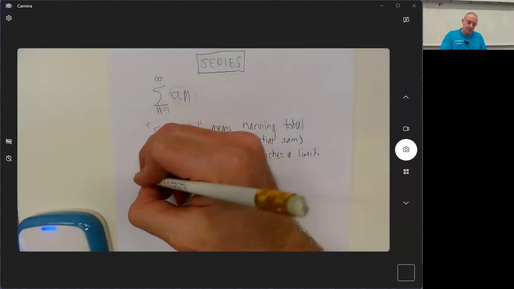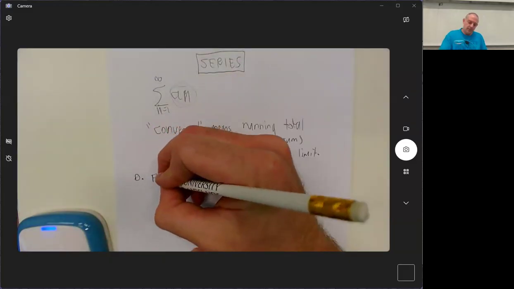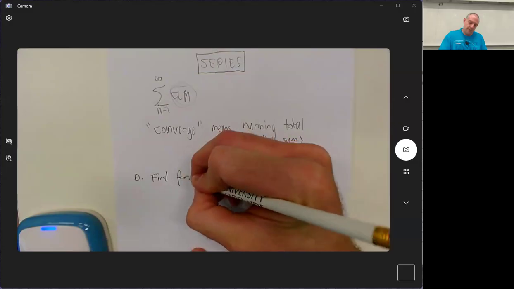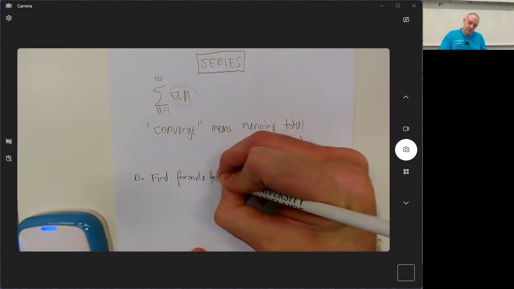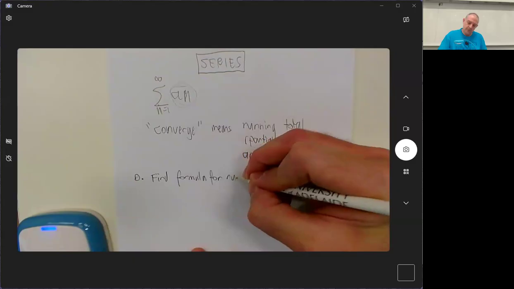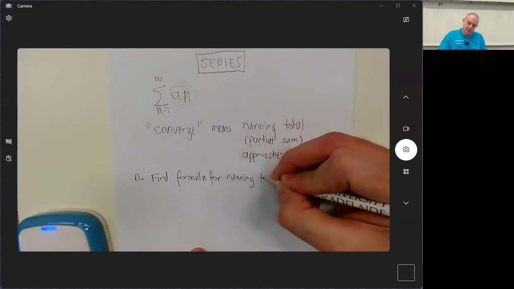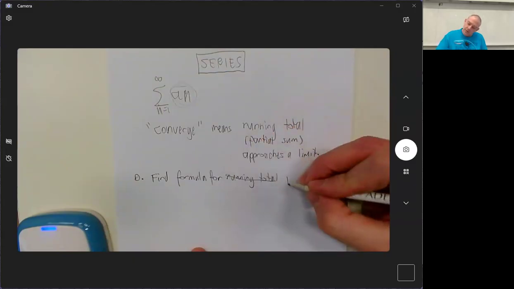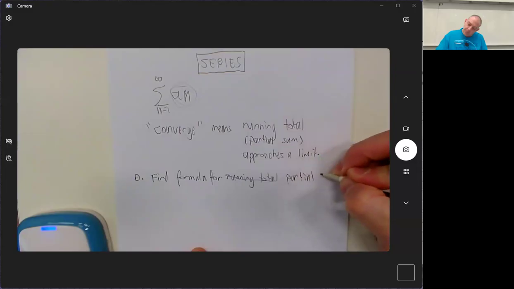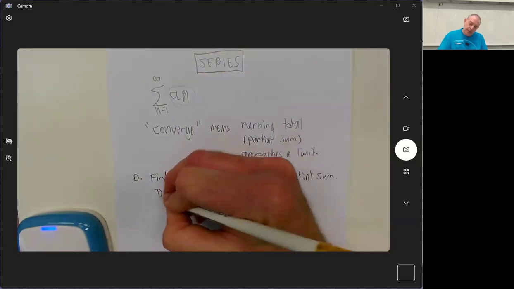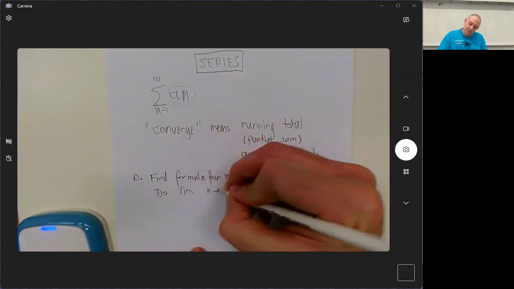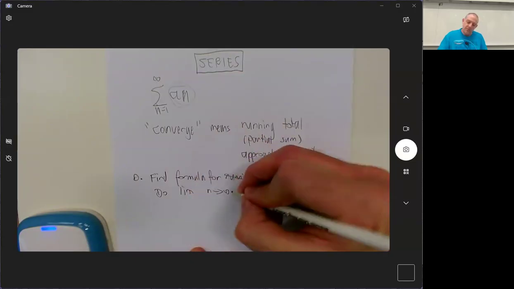Running total, partial sum, and do the limit as n goes to infinity. That is method 0.